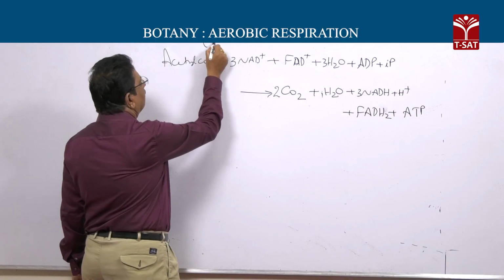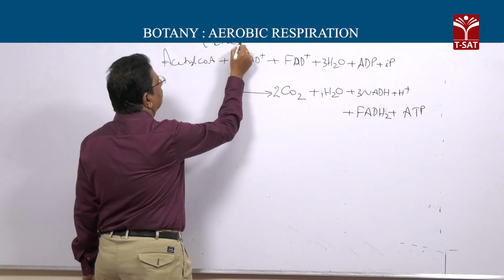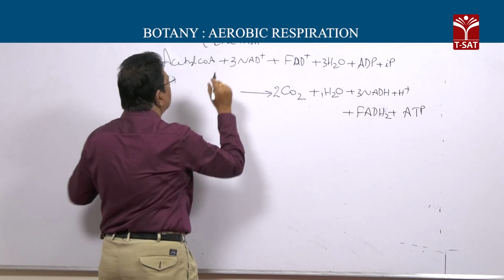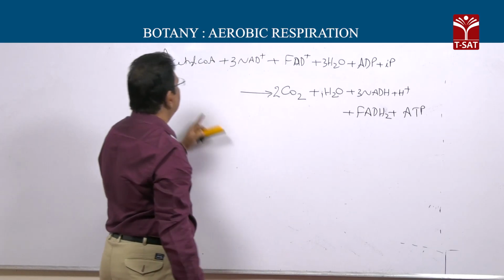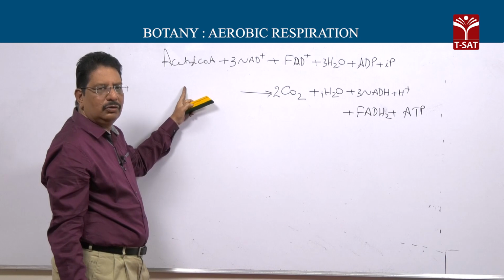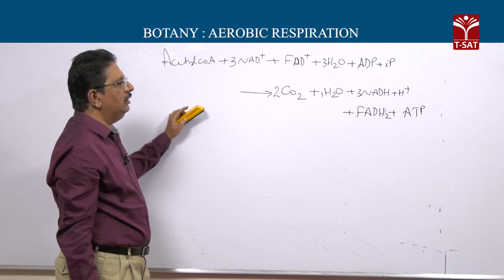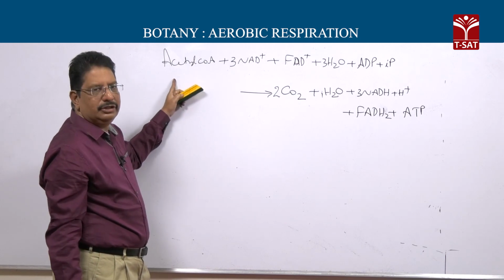So this is one turn of the TCA cycle, one molecule of acetyl coenzyme A, but actually there are 2 acetyl coenzymes.